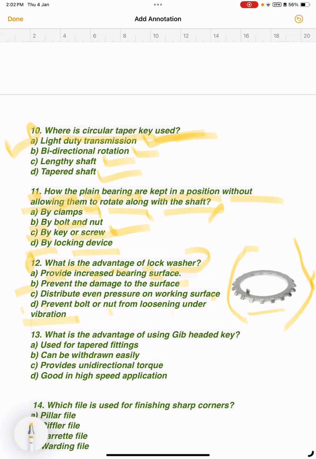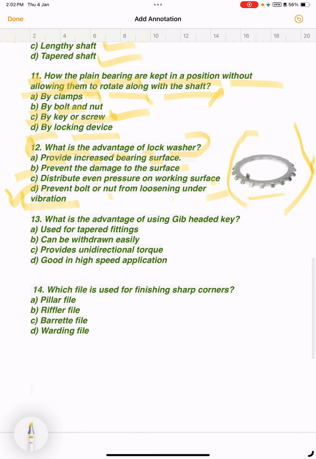This one is the answer. It prevents loosening under vibration when running a machine or bike. At that time the nut cannot easily come loose. Answer is D.